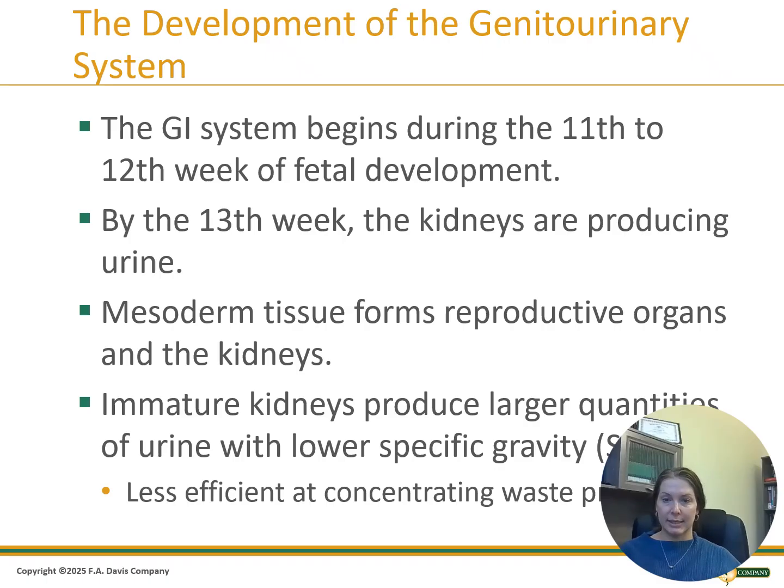Our immature kidneys in infants and young children have less developed nephrons and tubular function, so they can't concentrate the urine as effectively as adults. So I just want to make the key points here. Our urine output is going to be larger quantities of more dilute urine, so that's going to have a lower specific gravity.